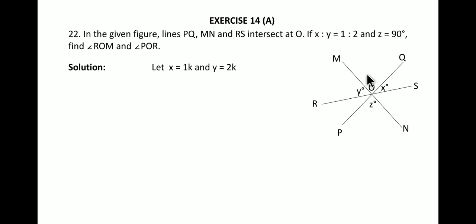Now if we look here properly, they are all straight lines. When straight lines intersect, vertically opposite angles are formed. If this is x degrees, then here also we'll get x degrees, and similarly y degrees means this angle is also equal to y degrees, and if this is z degrees, therefore this angle is also equal to z degrees.